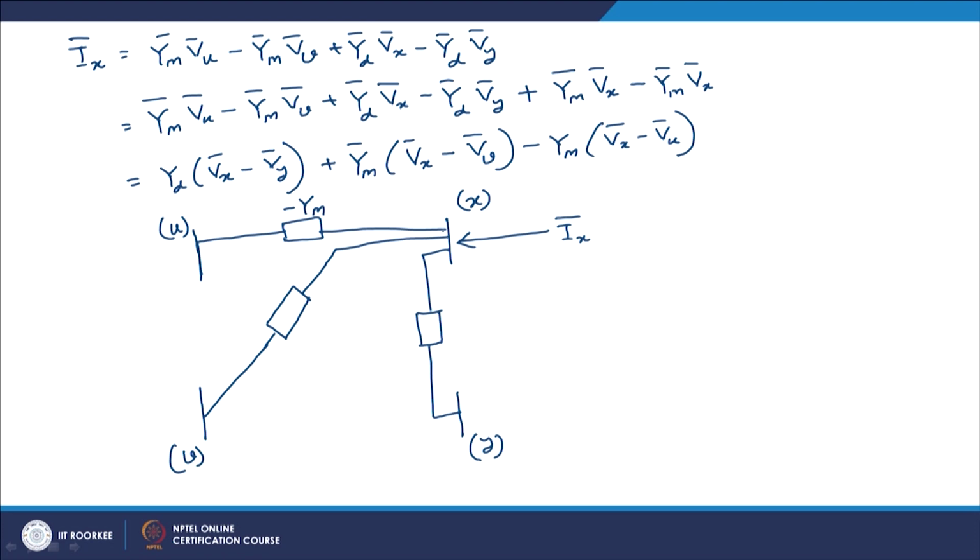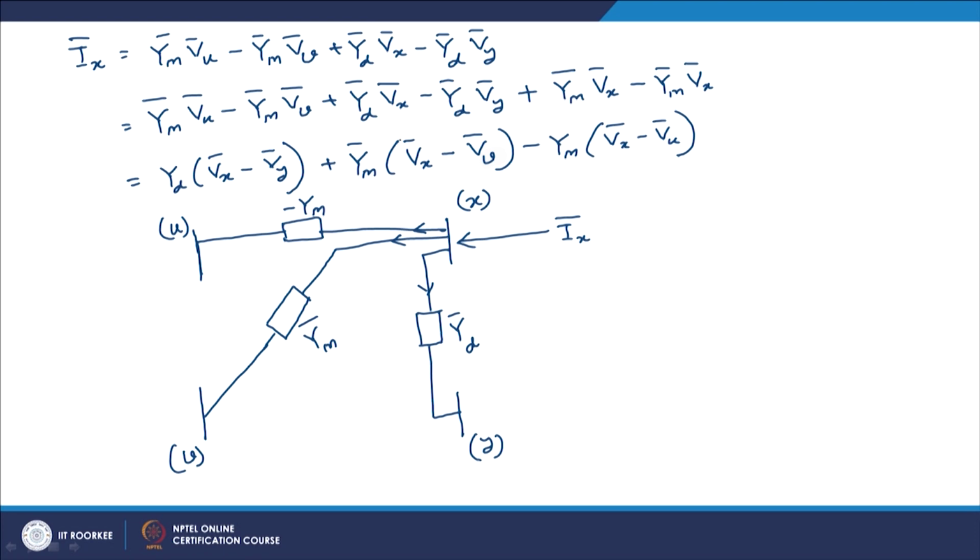So, this current is constituting of this current and this current. This current is Yd, so Yd into Vx minus Vy, that is this current. This current is Ym, so this is Ym into Vx minus Vv.